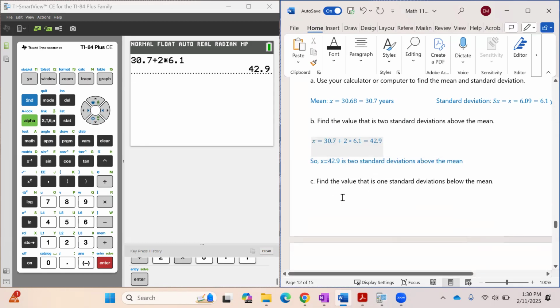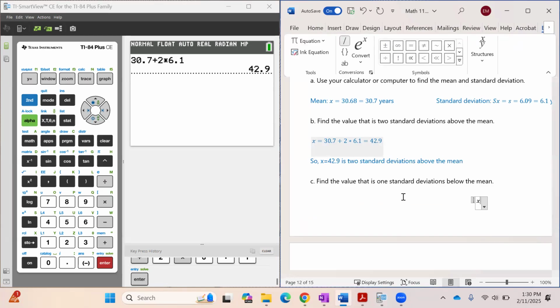All right, so find the value that is 1 standard deviation below the mean. So below, what that means is we're gonna have the same setup, 30.7, and since it's below, it's gonna be minus 1, and also just times your standard deviation, which is 6.1. And what this comes out to, we could do it on a calculator as well.